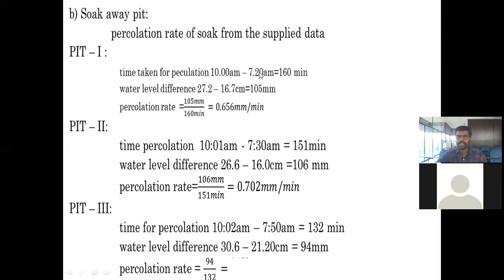7:20 to 8:20 means 1 hour, 9:20 means 2 hours, so 60 plus 60 is 120. Then 9:20 plus 40 minutes is 10.